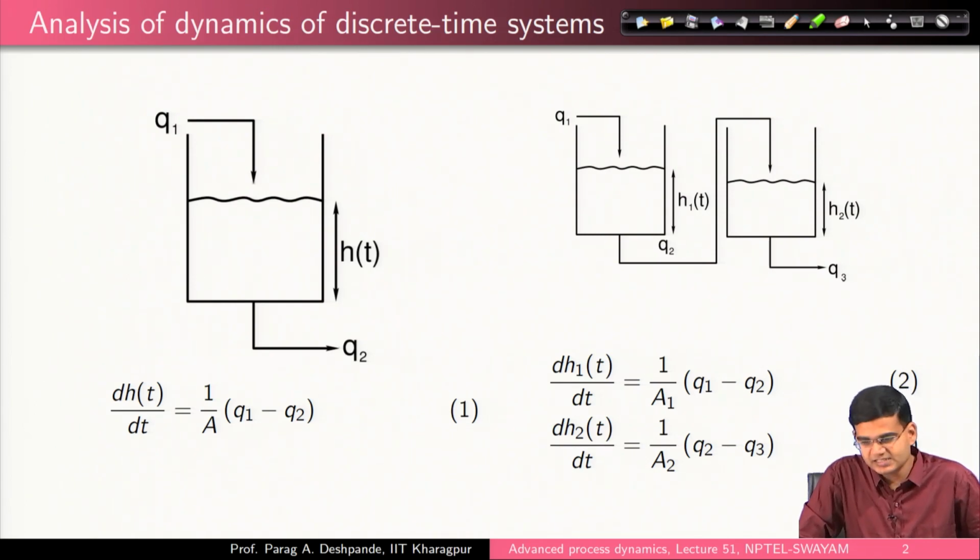Now, in both the cases the system is in continuous domain. So, height changes continuously, and the output from the system q2 changes continuously in time.